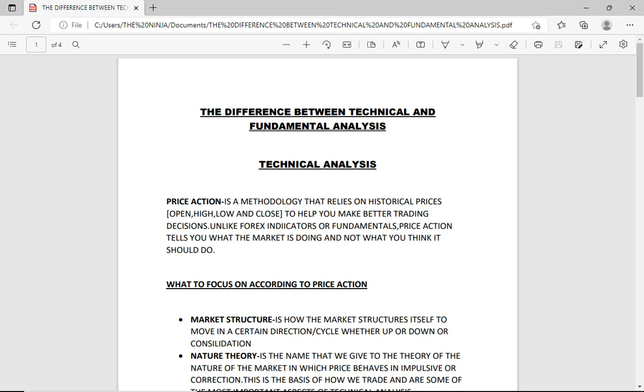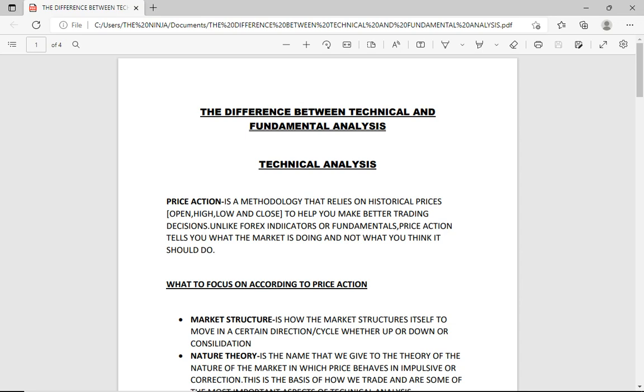The tools I'm referring to, I'll teach you trend lines, support and resistance, and so on. Those are the tools. Like I said, technical trading is about price action and smart money concept.